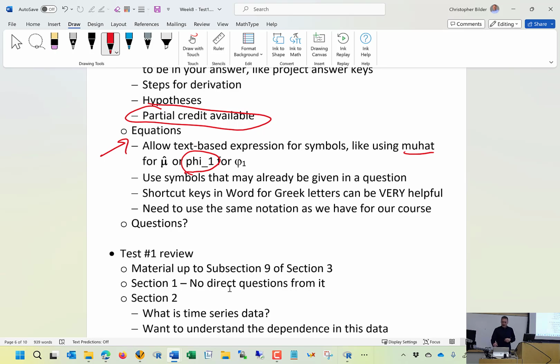But do note that if something's estimated, you do need to make sure you say hat with it. Phi1 is different from phi hat 1. I need to make sure that you understand the difference there. One's a statistic, one's a parameter. To help you out, I will often give you the symbols that you may need for a particular problem in the problem description. So look for that, and then you can just copy and paste it.